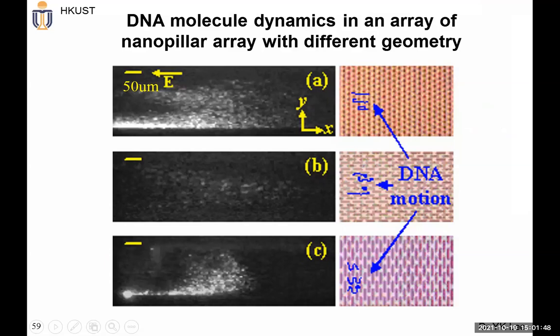Traditional electrophoresis, what do we need? We need some special sieving matrix, some gel, right? In this case, we can do separation of DNA based on electrophoretic mobility, the charge-mass ratio.